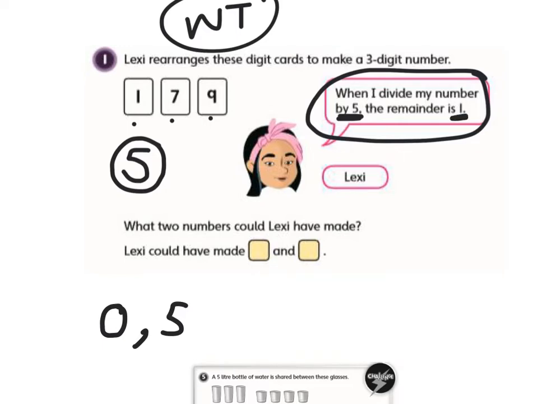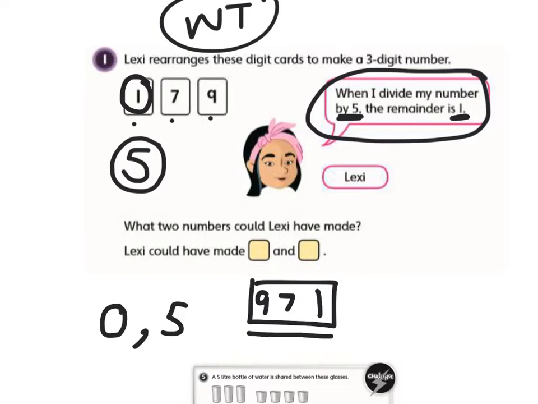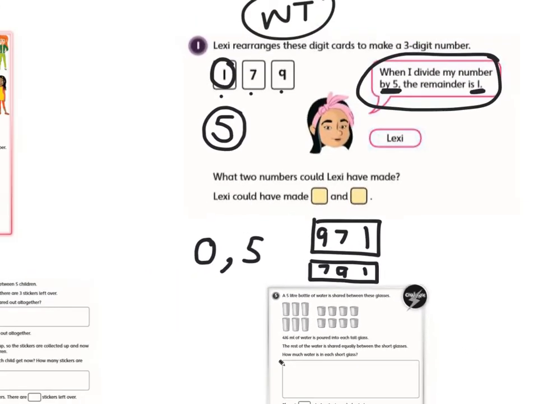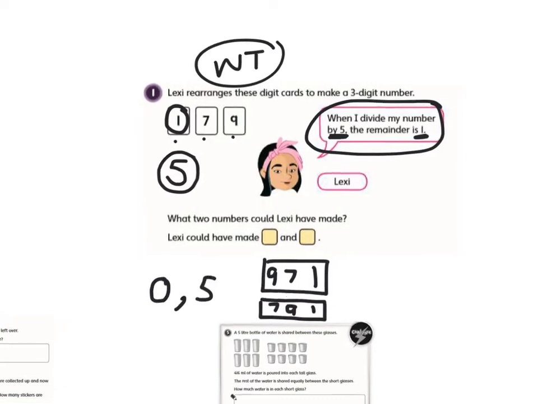The remainder is 1, so it's going to have to end with a 1. So if I'm going to put that digit at the end of my first digit card, I'm going to make 971. I'm then going to make 1 at the end, 791. So the two numbers she could have made would be 971 or 791.